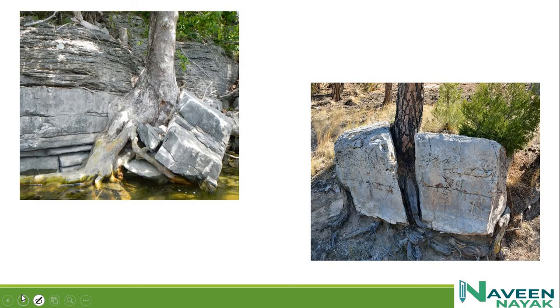You can see here the biological weathering process. The plant is growing in between the rocks, and the tree is disintegrating the rock. You can see how the plant is growing between the rock, and this is physical weathering.